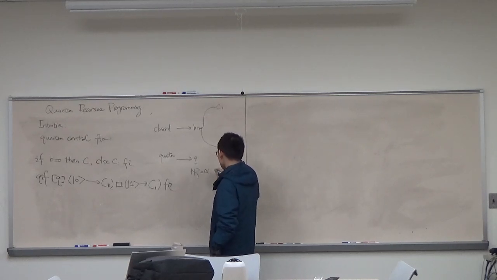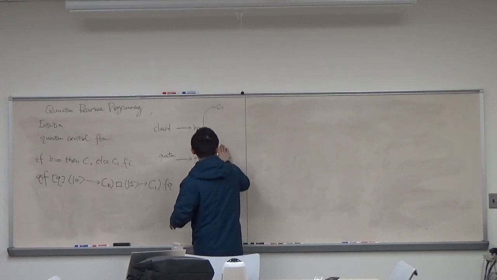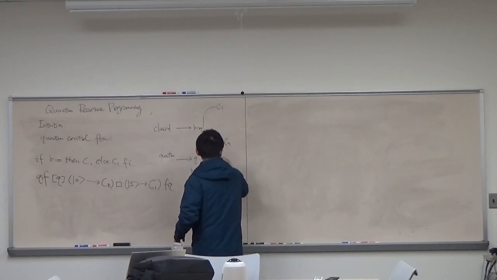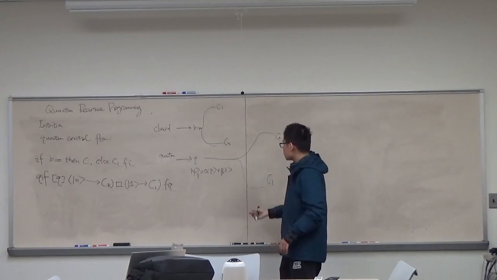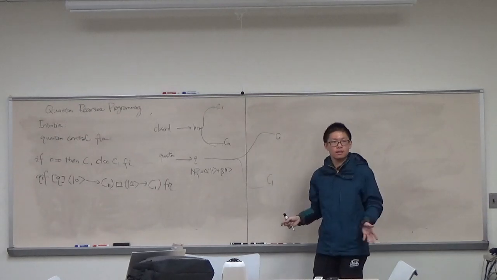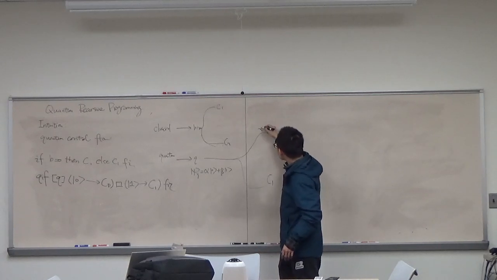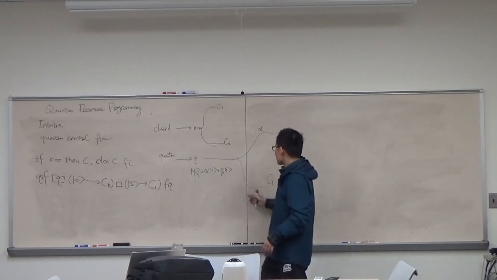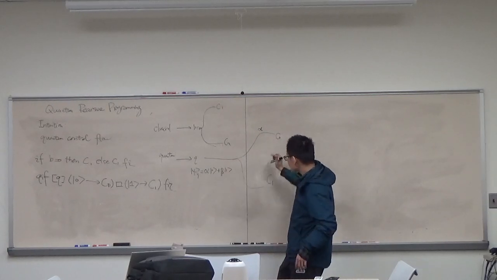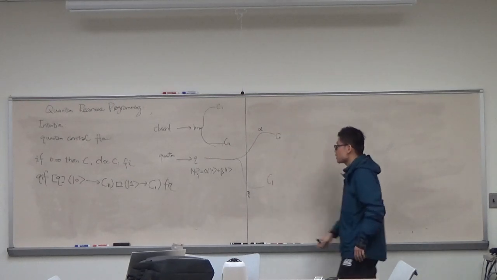So it can be in some state alpha 0 plus beta 1. It also has two branches, C0 and C1, but we go into these two branches in superposition. That means alpha and beta are called complex amplitudes. So you have some amplitude alpha to go into the first branch to execute the first statement and some amplitude beta to execute the second statement.